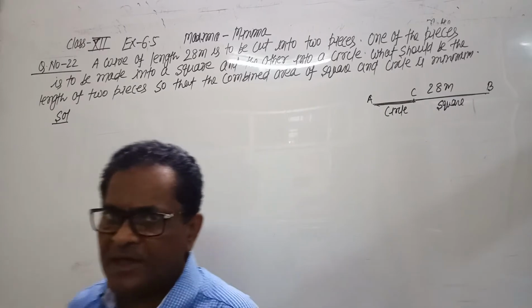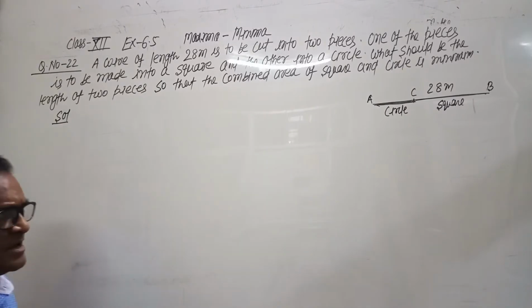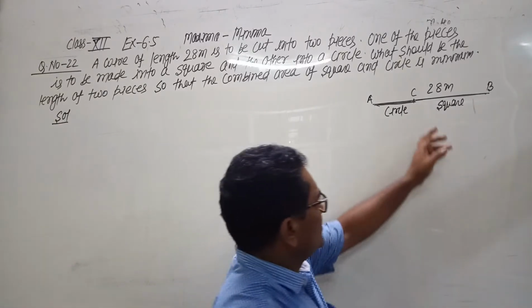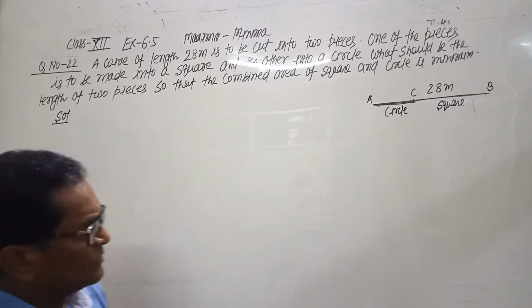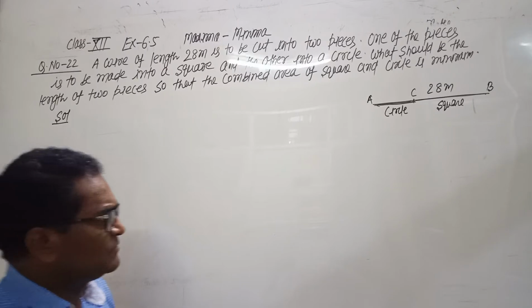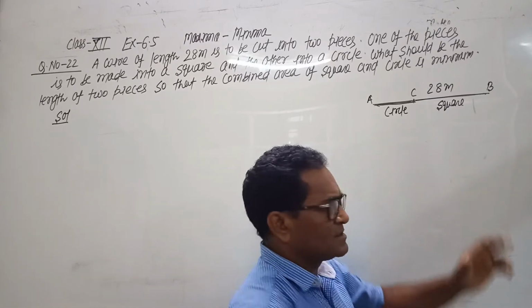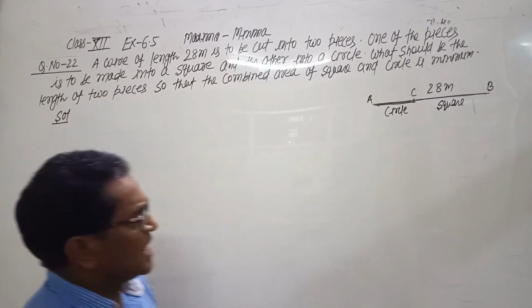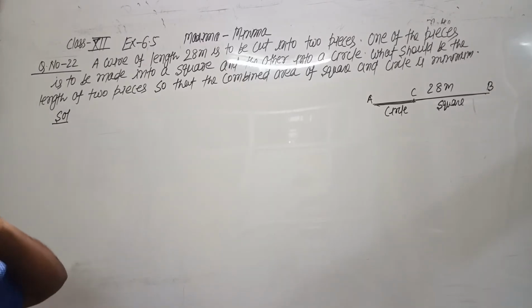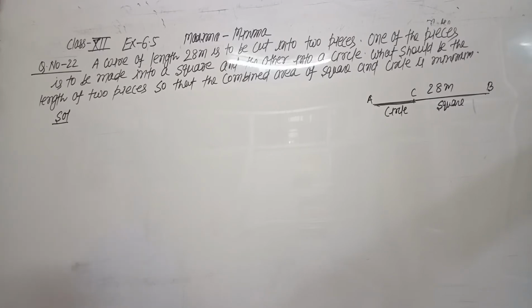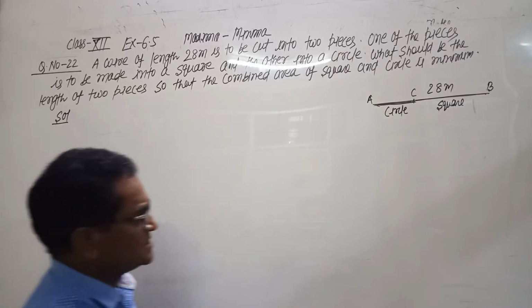So AB is the length of the wire, 28 meter, which has been cut into two parts from C. From part AC of the wire, a circle is formed, and from the part BC, a square is formed. What will be the lengths of the two pieces?